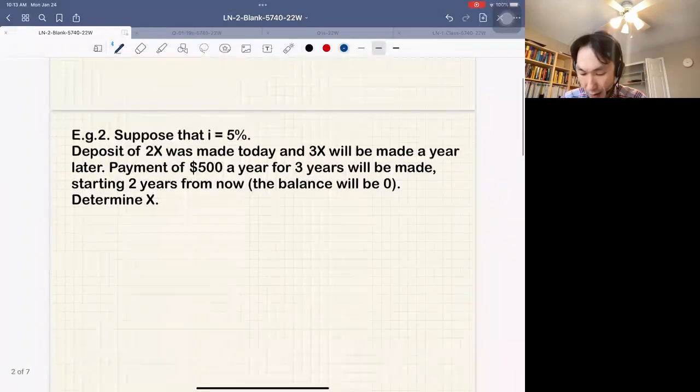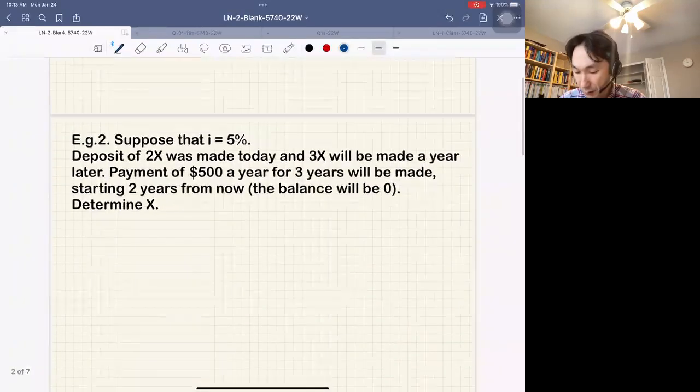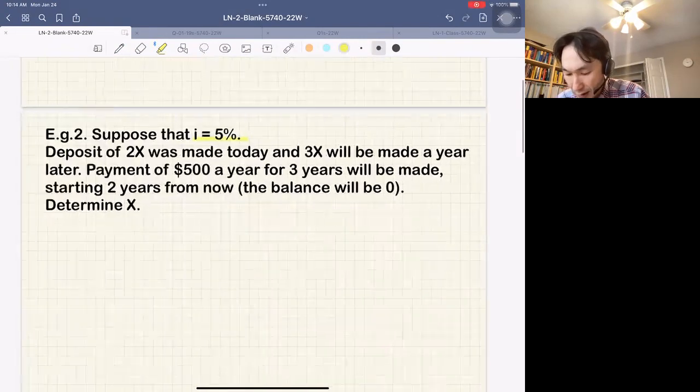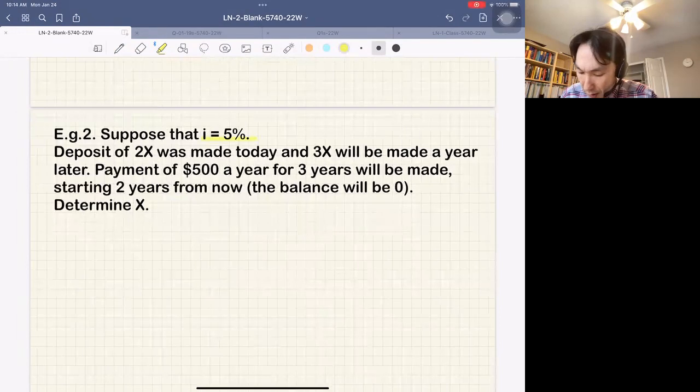Okay, so we now have a more complicated example. Sometimes the simple examples are more difficult to understand. So example 2, suppose the annual effective interest rate is I. In chapters 2 and 3, mostly the interest is constant. Sometimes it's changing over time, but in many cases it's constant. A deposit of 2x was made today, and 3x will be made a year later.